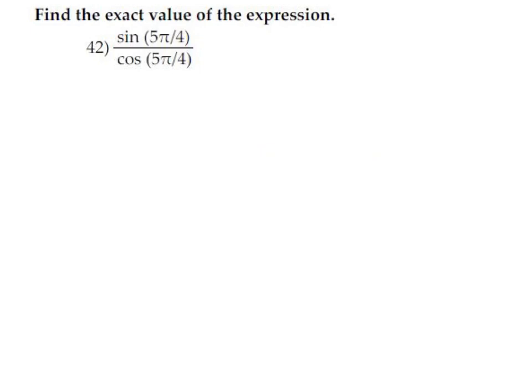Find the exact value of the expression. Sine 5 pi fourths over cosine 5 pi fourths. Now, you can just start working with sine and working with cosine, and that's fine, and I'll probably do them both ways, or you can recognize that that's tangent.